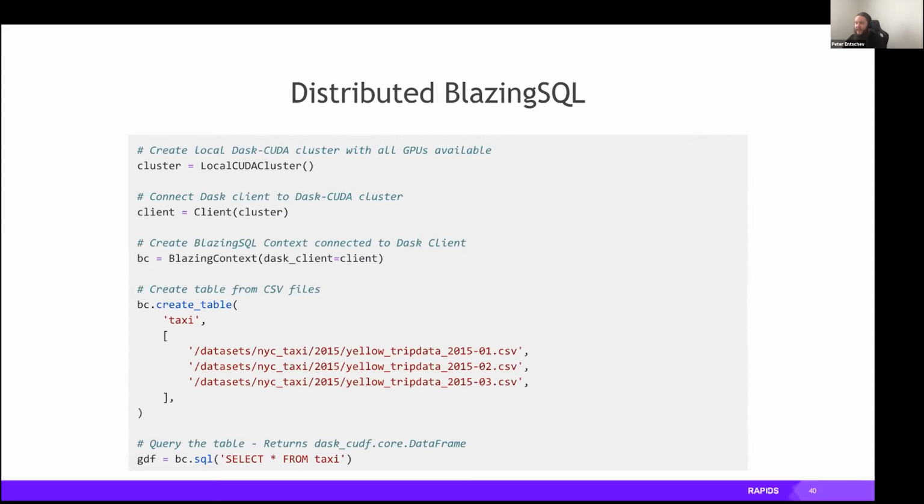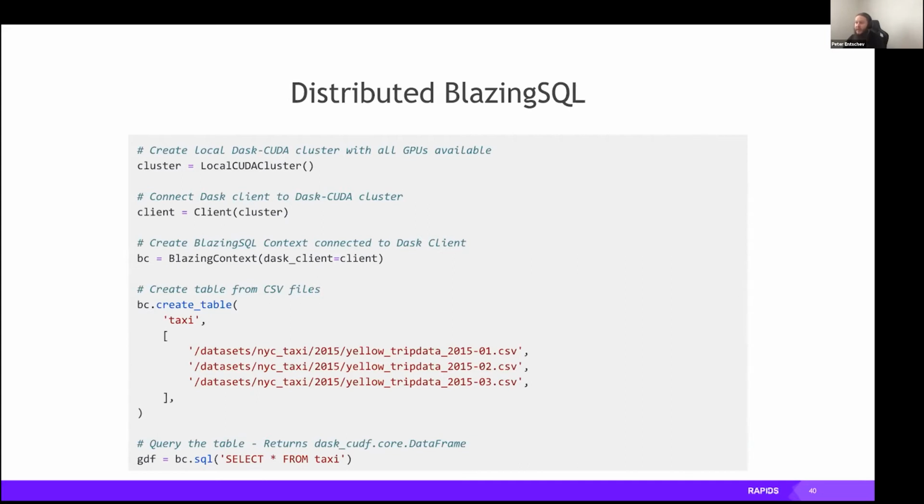We can then connect a client to that cluster and create a Blazing context connecting to the Dask client. From there, we can work with the Blazing context the same way as we would with a single GPU context without Dask, as we've seen in the previous slide.